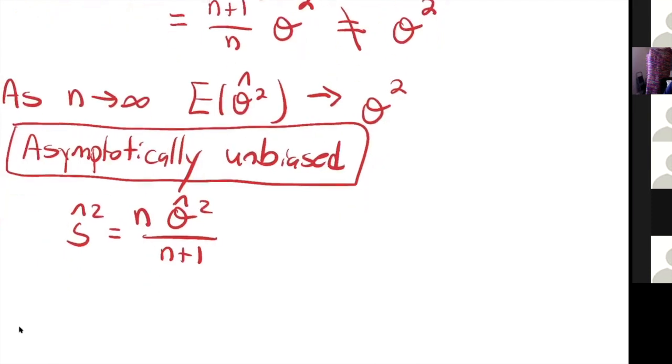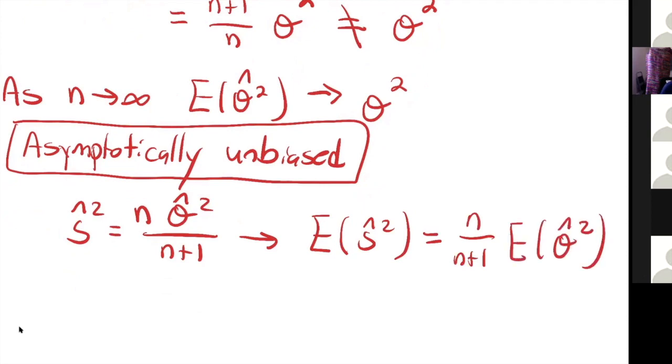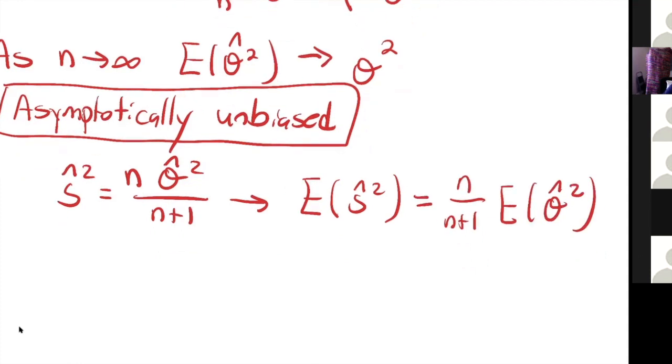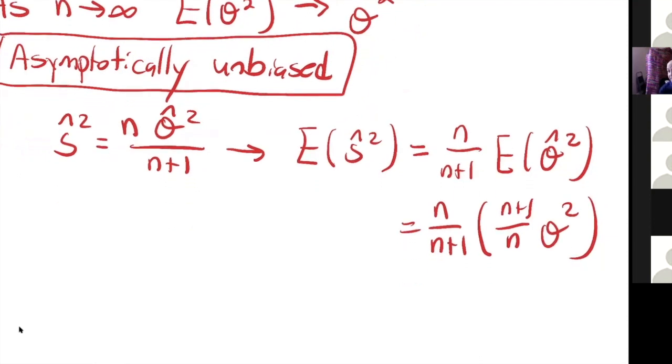If I redefine a new estimator, because I could just pull that constant out, and then we just showed that the expected value of our estimator at first was not exactly sigma squared. But if I tweak this just a little bit, then suddenly we can get an unbiased estimator.